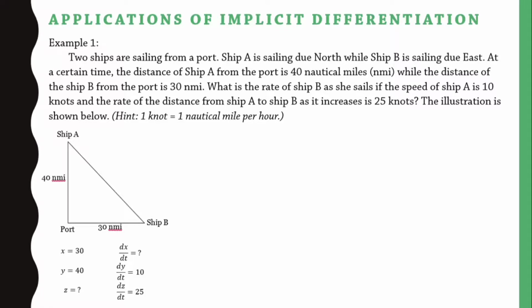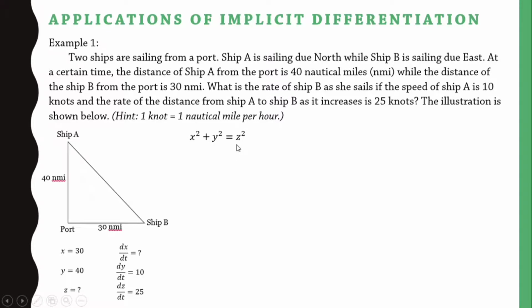So what we need to do first is find the distance between ship A and ship B. And we can do that by using the Pythagorean Theorem. So that's x squared plus y squared, or the square of the legs, is equal to the square of the hypotenuse. So hypotenuse here is z squared.